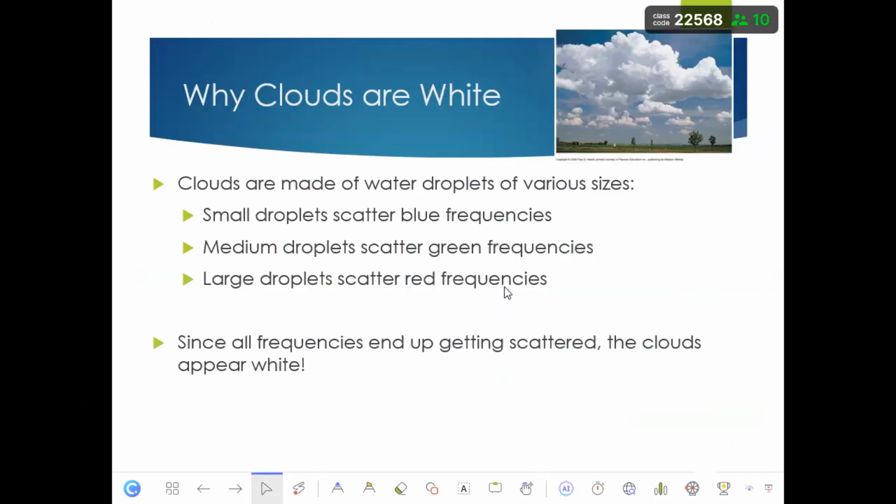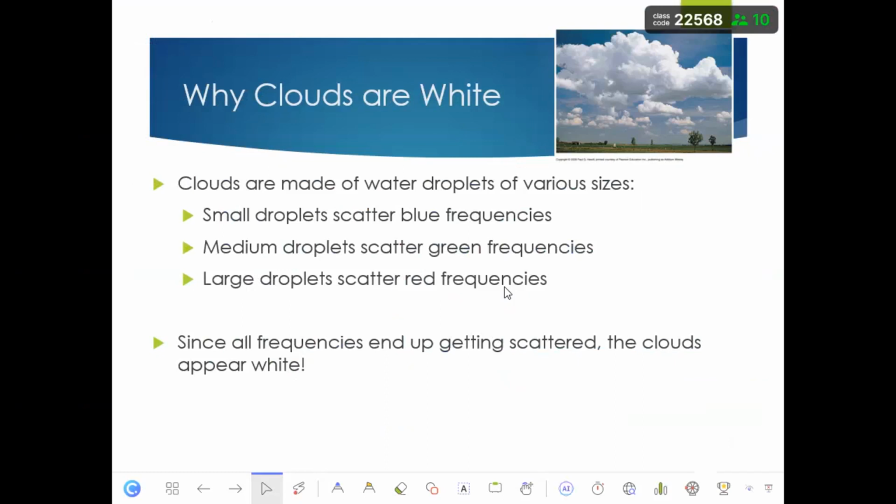Why are clouds white? As you know, clouds are made of water droplets of different sizes. A small droplet scatters the blue frequency, a medium droplet scatters the green frequency, and a large droplet scatters the red frequency. So all frequencies end up getting scattered: blue, green, and red.